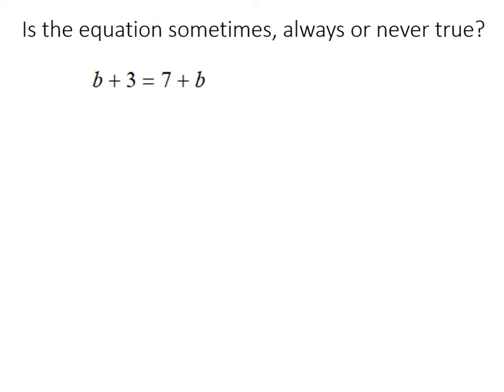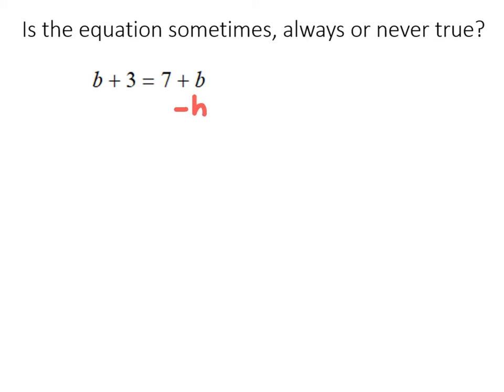In this next example, it asks, is the equation sometimes, always, or never true? So that's trying to get us to determine if there's one solution, no solution, or infinitely many solutions. Now to do this, we first just need to solve the equation. So the first thing we need to do is check to see that both sides are simplified, which they already are. The next thing we need to do is bring all the variables to one side of the equation. So I'm going to bring my b from the right side over to the left side.